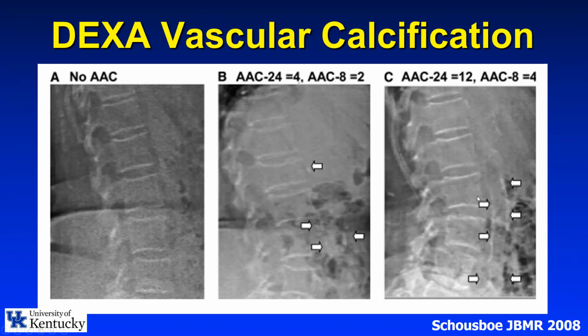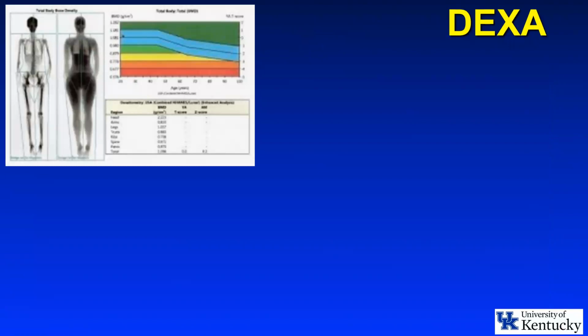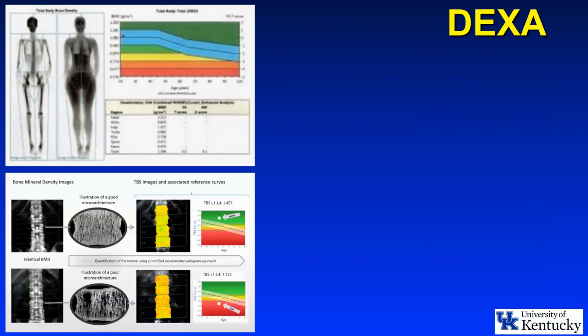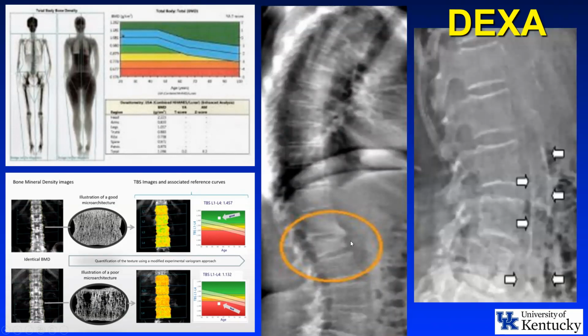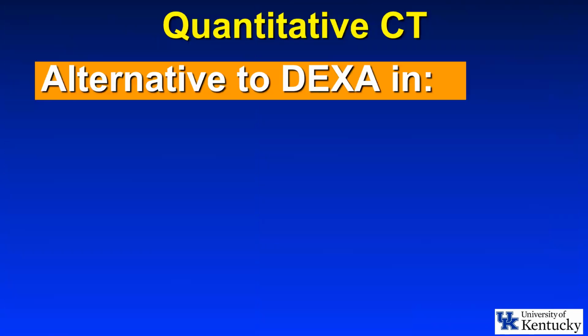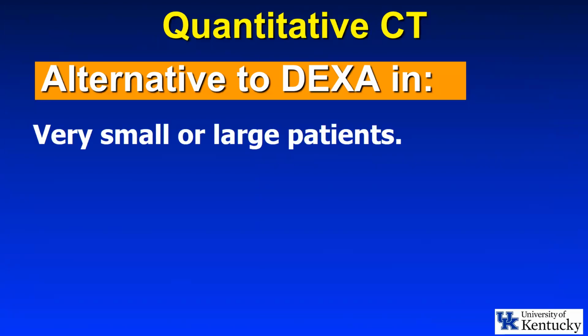So it's very important when you order DEXA, not only to focus on BMD, which is very important to measure, but also to focus on the trabecular bone score, the vertebral fracture assessment, and the aortic calcification. Just with one exam, you can get many birds with one stone.